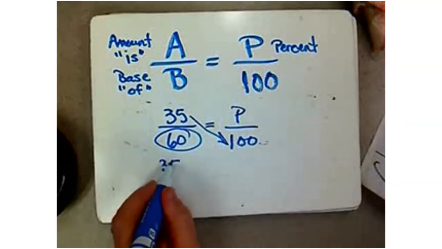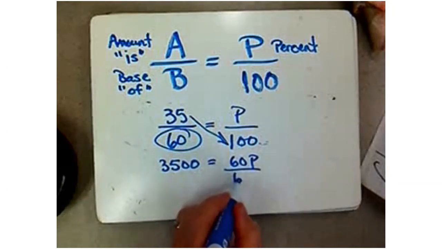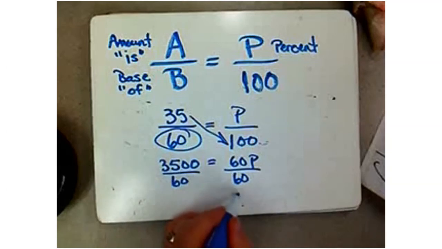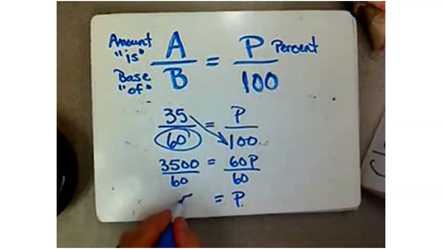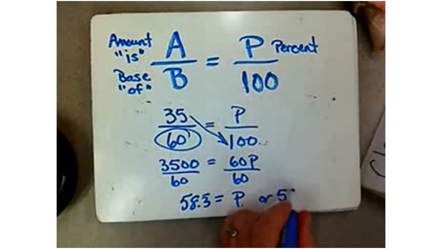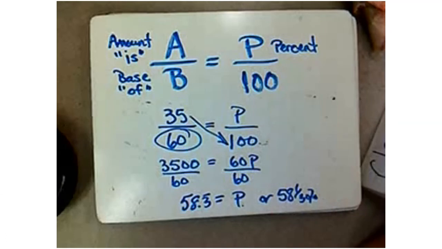So we have 3,500 equals 60P. We're going to divide by 60 on both sides, and P is going to equal 3,500 divided by 60, which is 58.3 repeated, or 58 1/3%. You could answer it as a fraction also. All right.